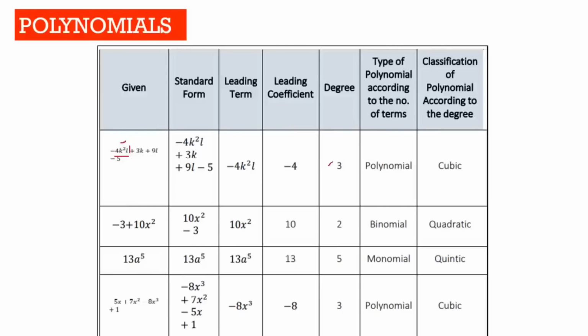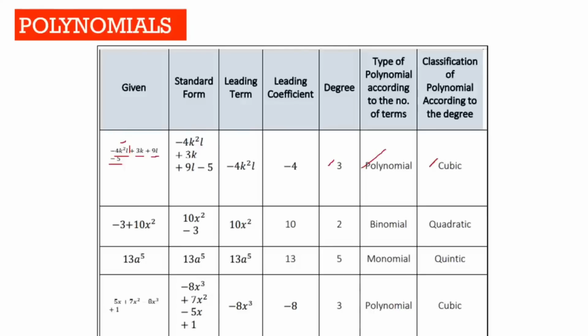That's why our degree is 3, which makes it a cubic polynomial. Counting the number of terms, we have 1, 2, 3, and 4. It has 4 terms, which makes it a polynomial based on the number of terms.